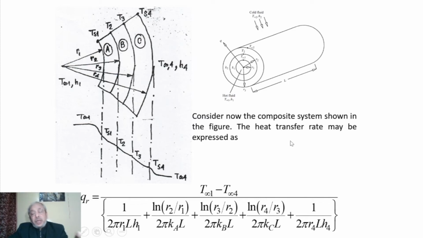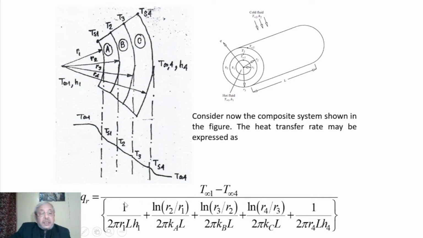If we try to find the heat transfer rate, we have to write the total temperature potential, T infinity 1 minus T infinity 4, divided by the total resistance.